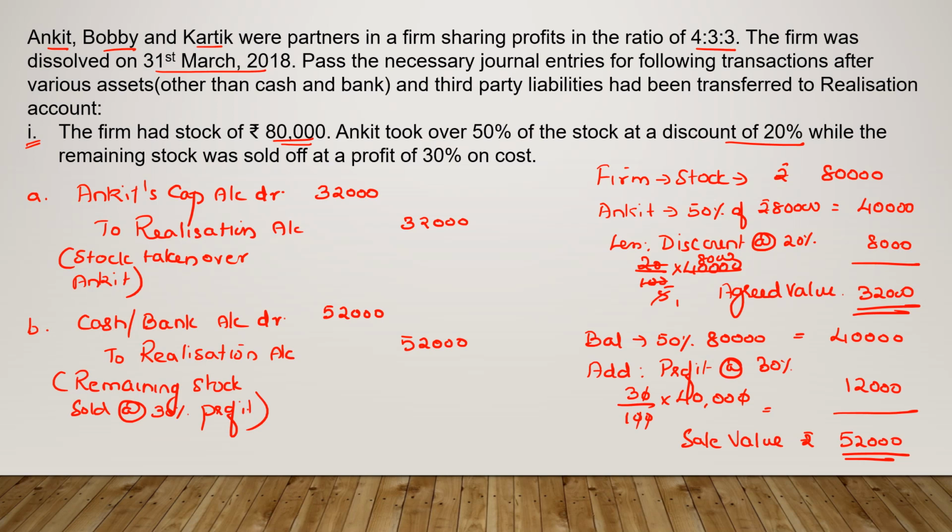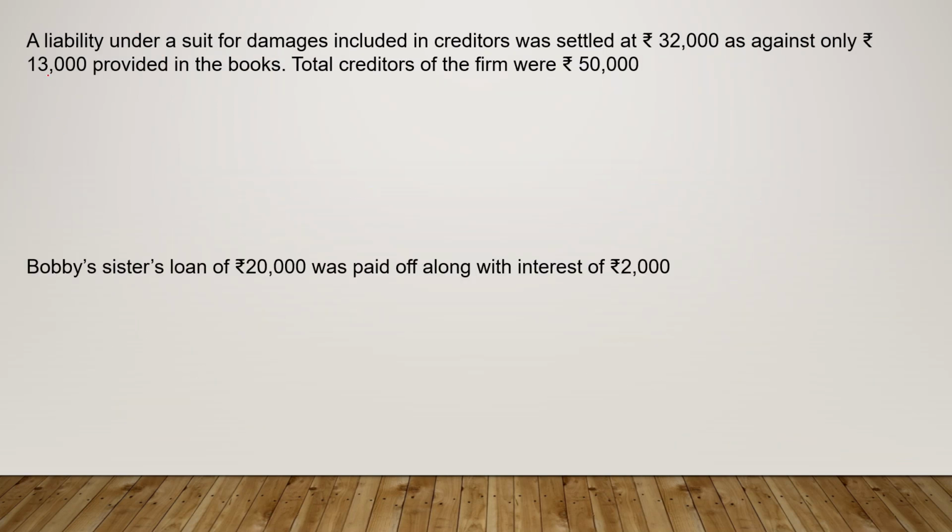Now moving to the next, related to the same firm. A liability under a suit for damages included in creditors was settled at 32,000 as against only 13,000 provided in the books. So from this, what we understand is that there was a liability under a suit for damages. There was a case filed against the company for some damages, and that was included in the creditors and was settled at 32,000.